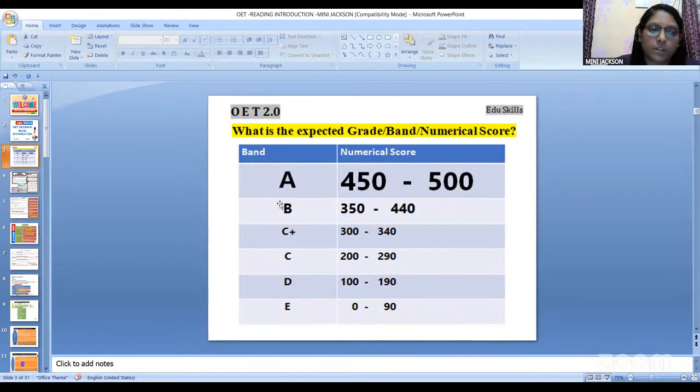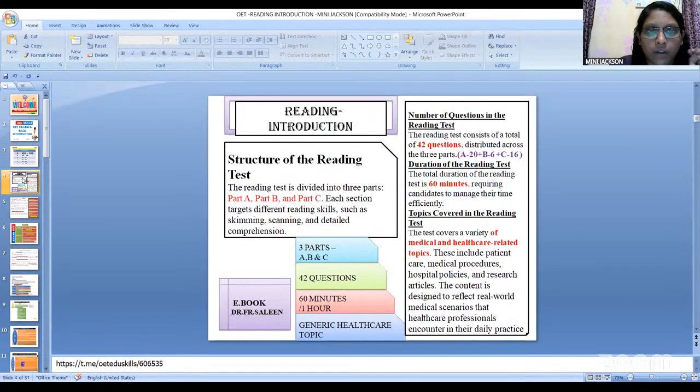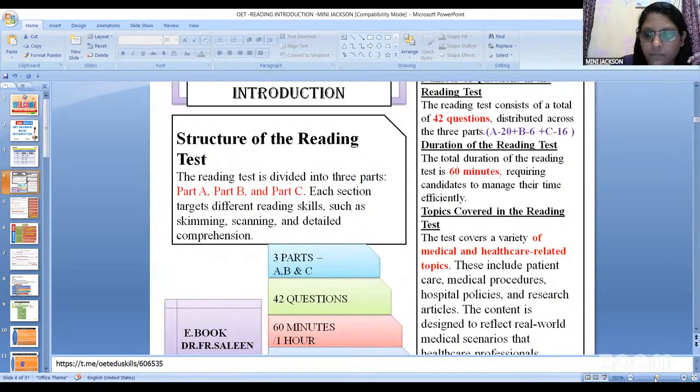Don't focus on B, because when we focus on B, we will get stuck there and couldn't score the desired score. So focus on score A.